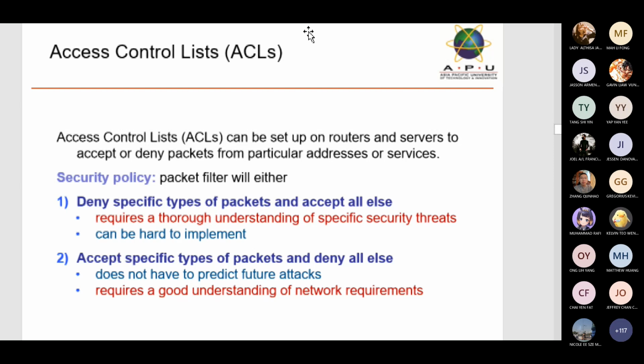For an access control list, the default policy, we have to have one thing or another. So there are two basic default policies, you'll see this on the exam review as well: deny specific packets and accept everything else, or only accept a few things and deny everything else.